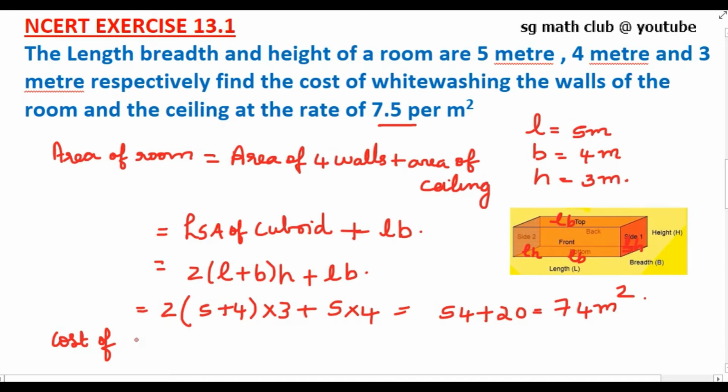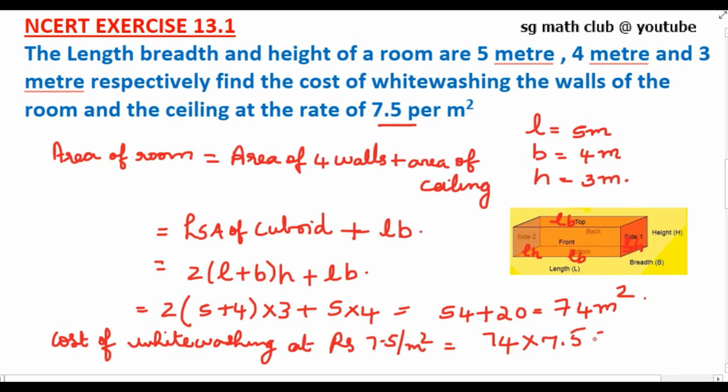So cost for whitewashing the area 74 meter square at the rate of rupees 7.5 per meter square will be 74 into 7.5, which is equal to rupees 555. 555 rupees you need to spend to whitewash a room with 4 walls and the ceiling.